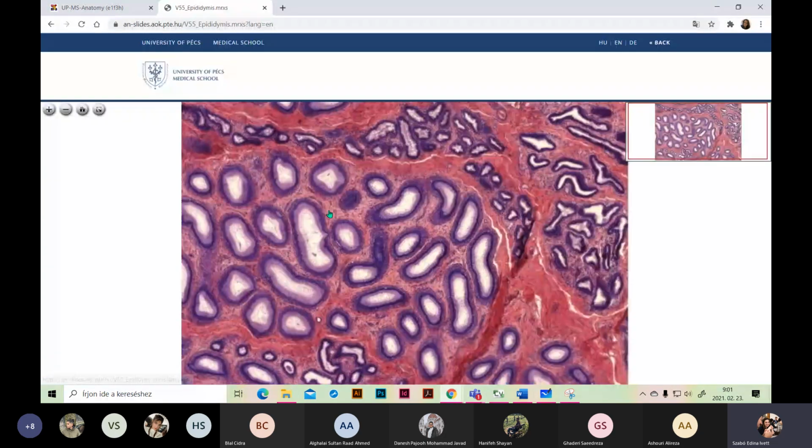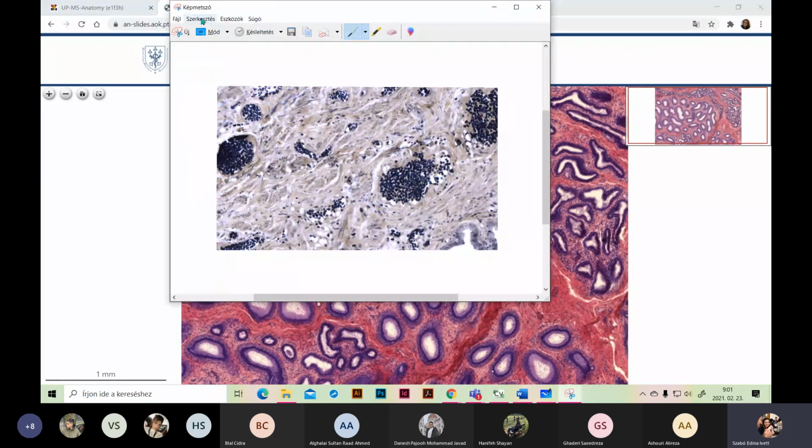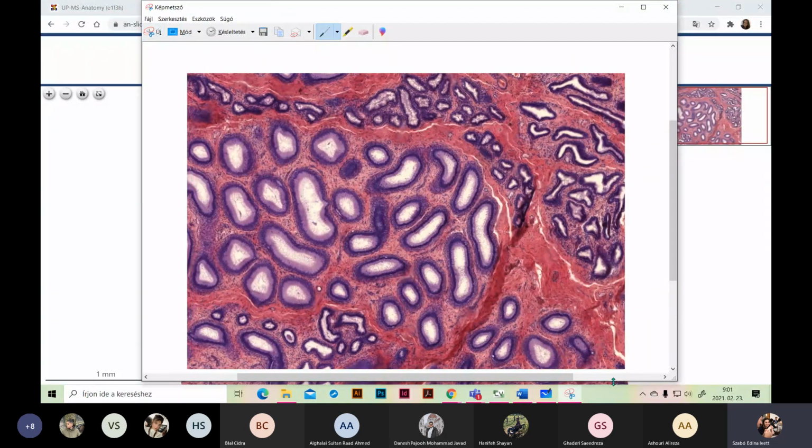If you see this slide with small magnification, you will see two types of duct. You see a nice duct with regular shape and regular epithelium, and here you see smaller ducts with irregular shape and irregular epithelium.